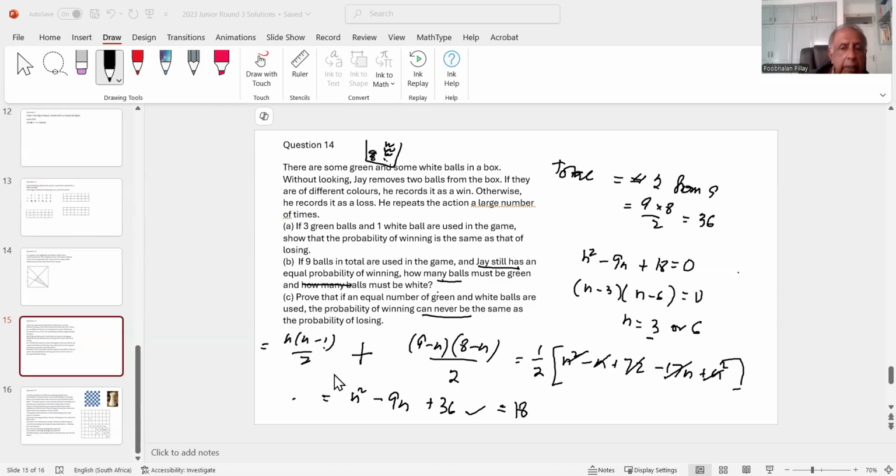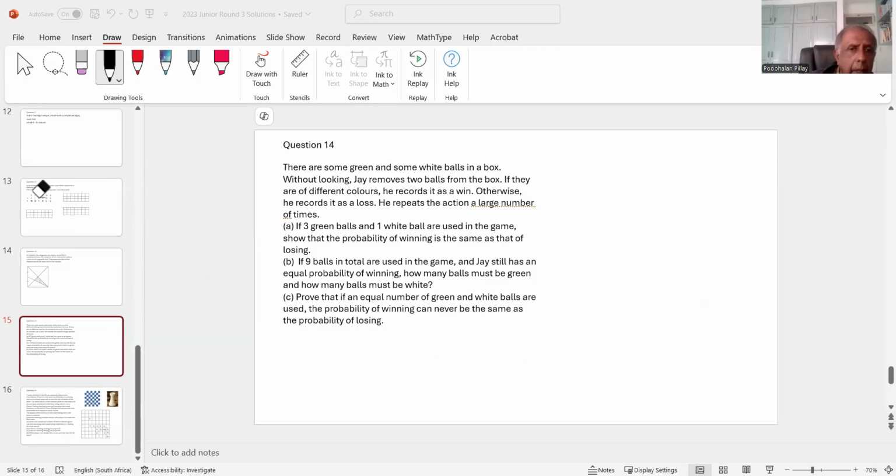I can just give you a hint that in C, when you calculate the probability, the number of ways of winning over the total number, you will get an equation like this: n minus 1 equals 2n minus 1.